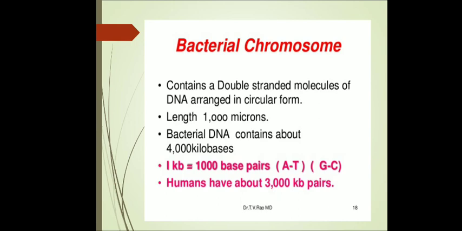1 kilobase includes 1000 base pairs, and these may be adenine, thymine, guanine and cytosine. 1 kb means 1000 base pairs, so bacterial DNA has 4000 kilobases present. So we can say that 4000 into 1000 means it includes about 40 lakh base pairs in a single DNA molecule.